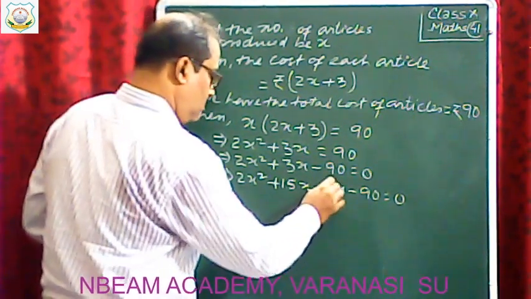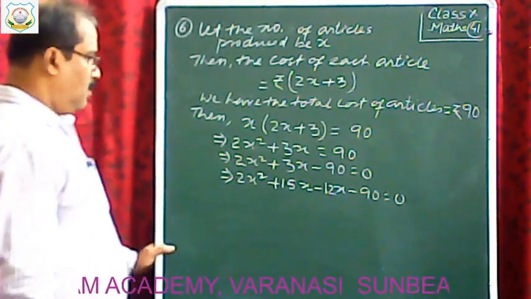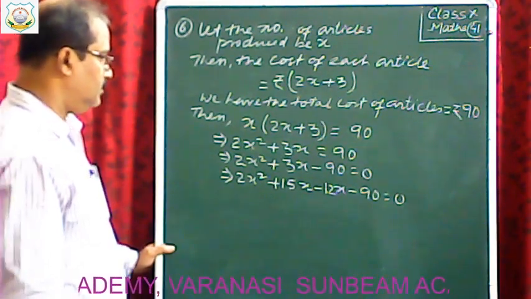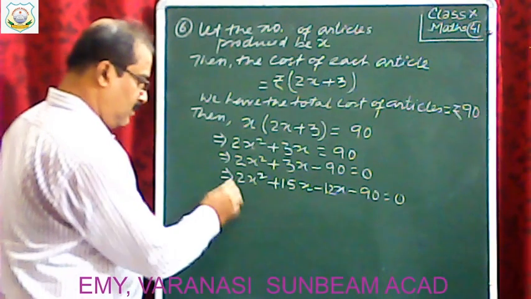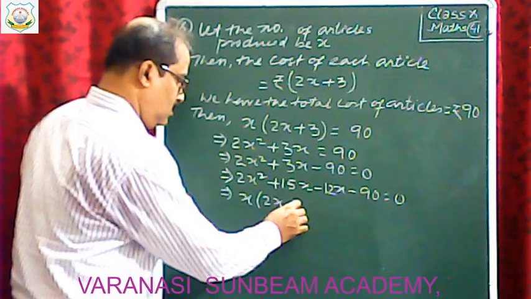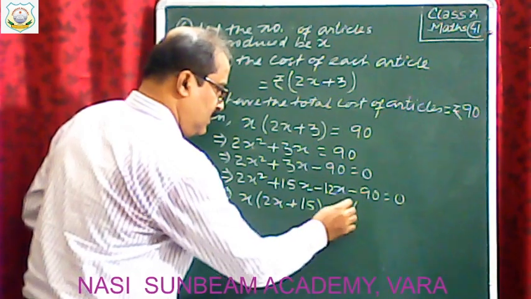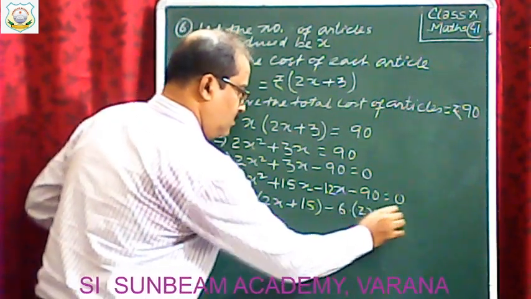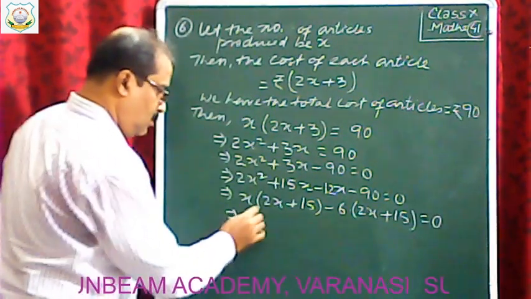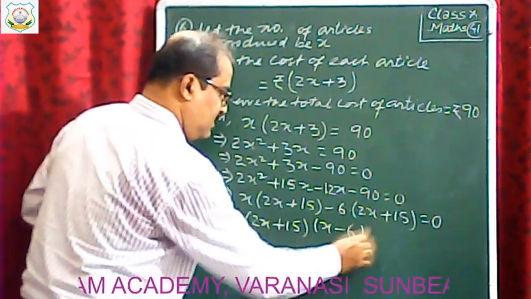Now splitting up the middle term only you have to do. Take out x common for 2x plus 15, minus 6 common. So 2x plus 15 into x minus 6 equal to 0.